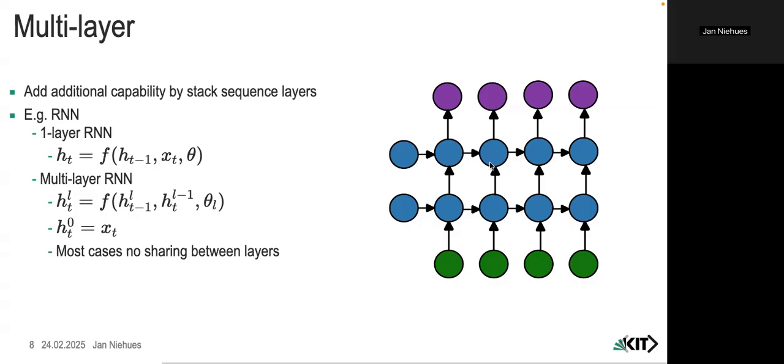And this is now, of course, you see already easily extendable. So you can do any type of layers in there. Typically, because you want to learn different types of functions, there's no sharing between the different layers. So these theta_L's are only used for the current layer. So you have parameters for this layer and for this layer, which is possible because we are predefining the number of layers.